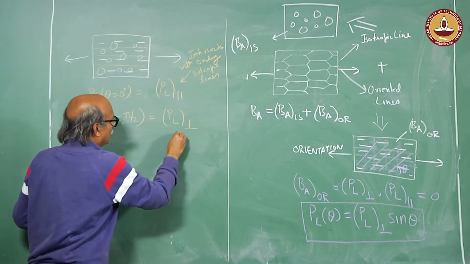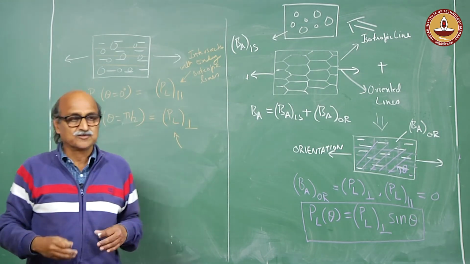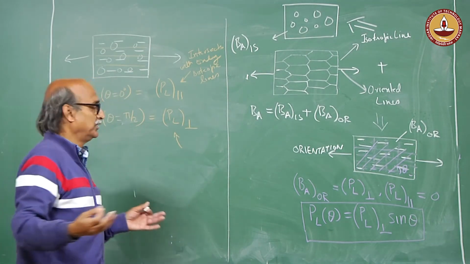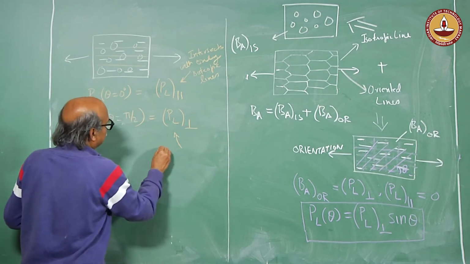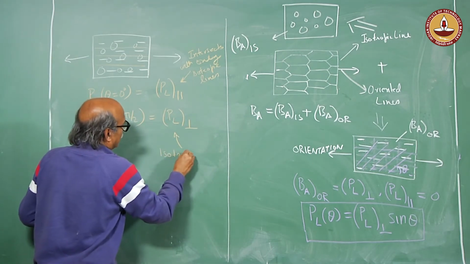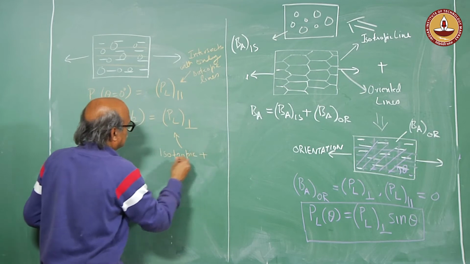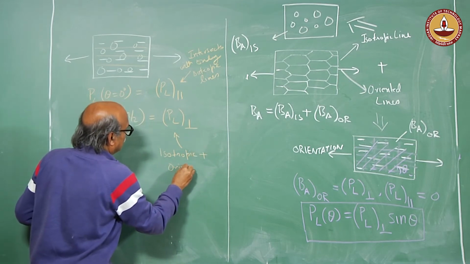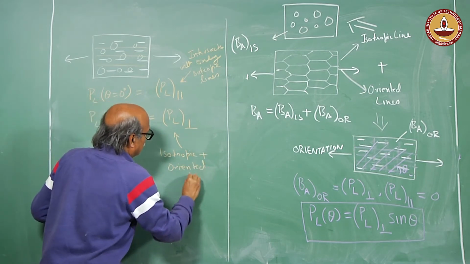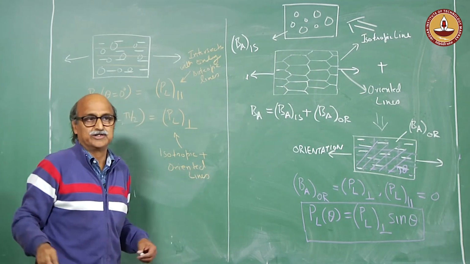What about this one now? This count will have both. This count will have isotropic plus oriented lines.